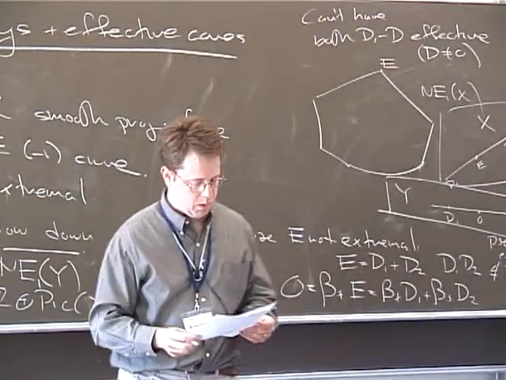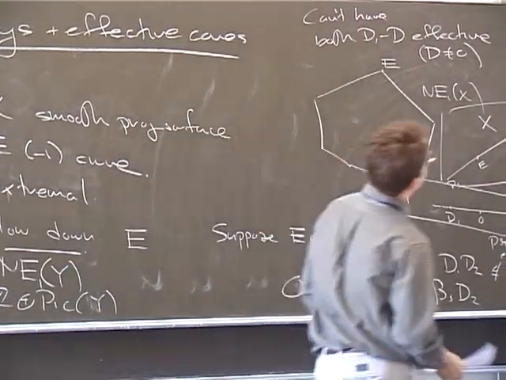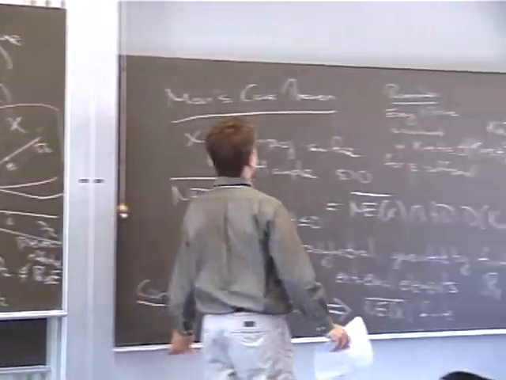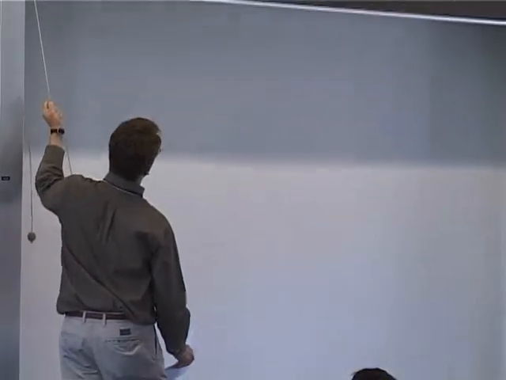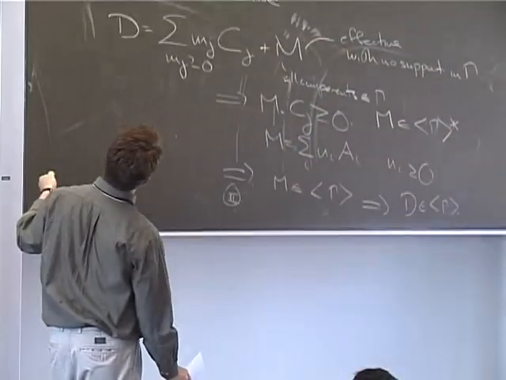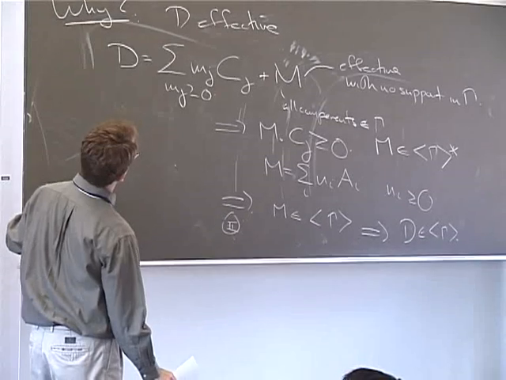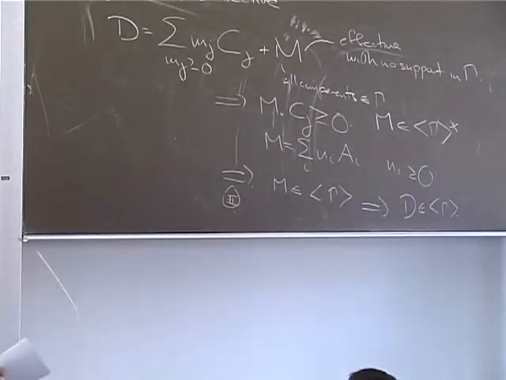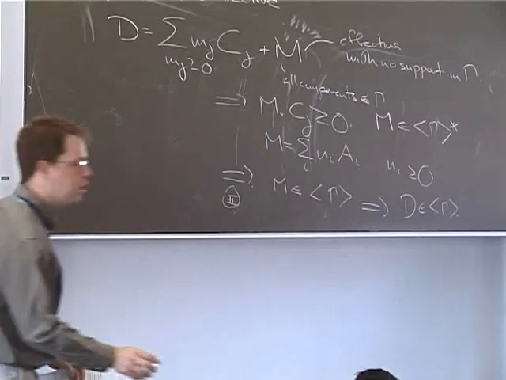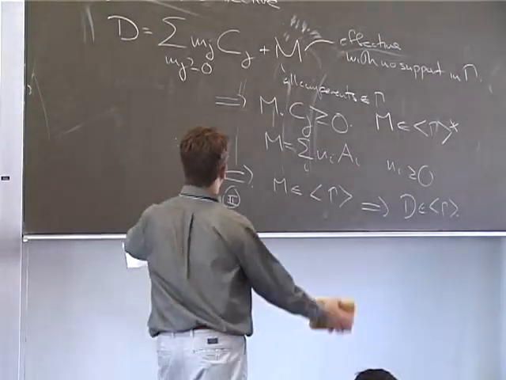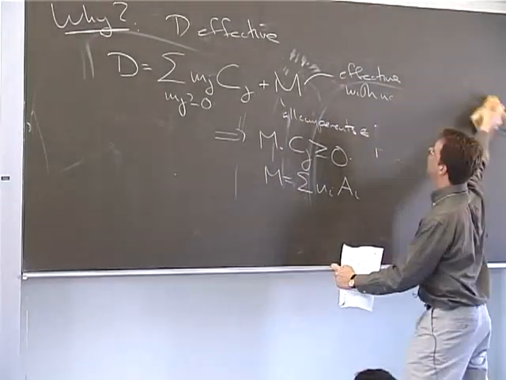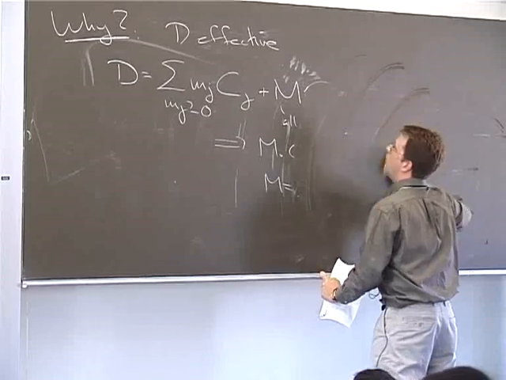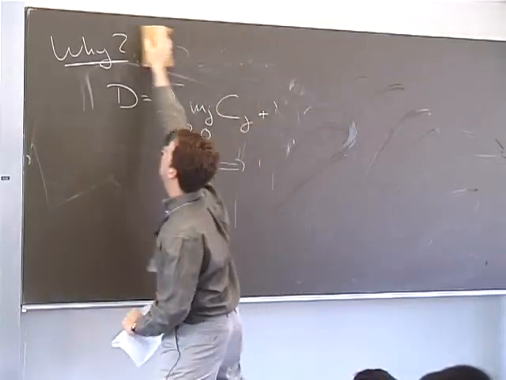Okay. So what else should I mention about this? Well, if all we had was this description in terms of convex geometry, this result wouldn't be so useful. But in fact, we can say much more about these rays.